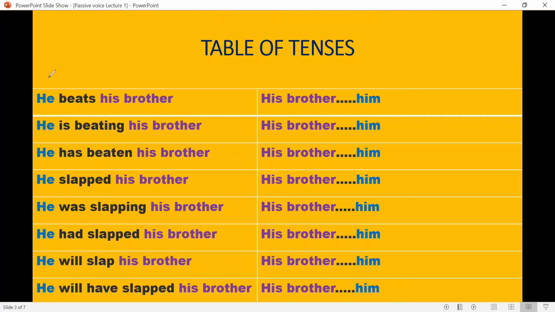The first change. He beats his brother. This is present indefinite. He is beating his brother. Present continuous. He has beaten his brother. Present perfect. He slapped his brother. Past indefinite. He was slapping his brother. Past continuous. He had slapped his brother.